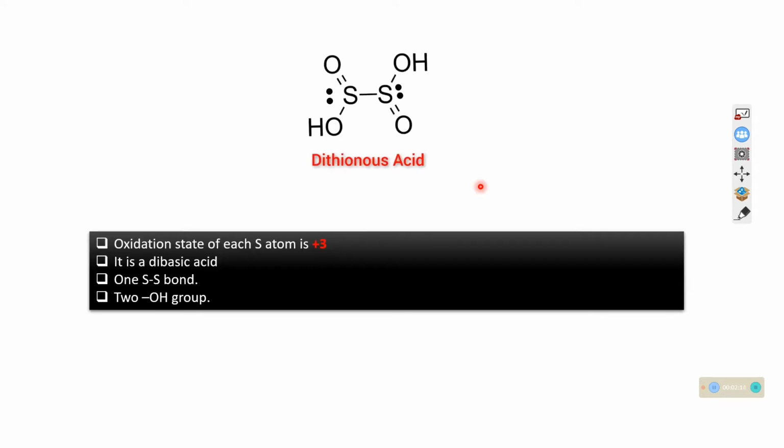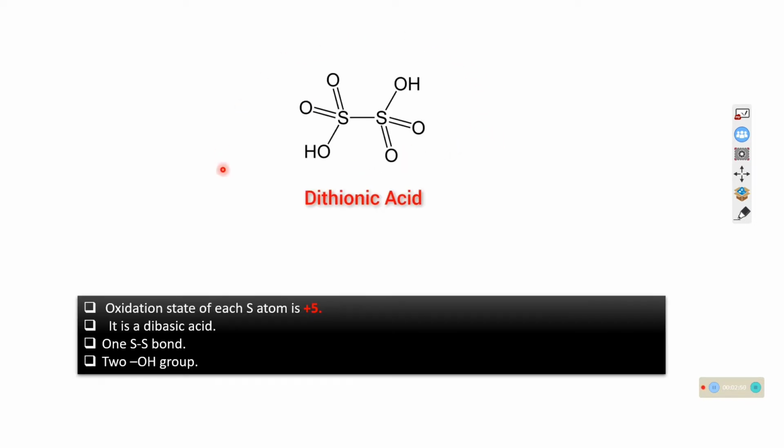If you want to compare some structural properties between these two acids, you will find two or three similarities and one or two differences. First, we'll try to find some similarities. So let's focus on the structure. This is dithionous acid. This is dithionic acid.